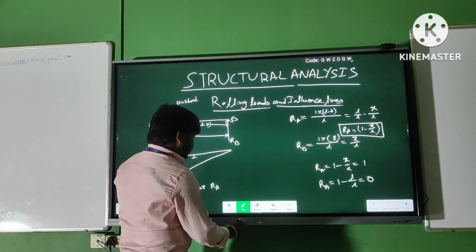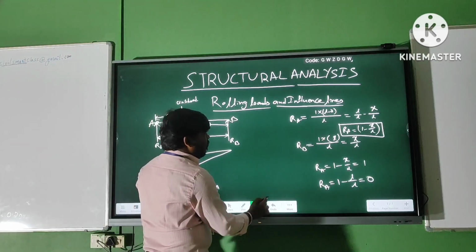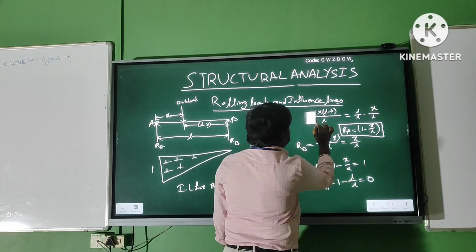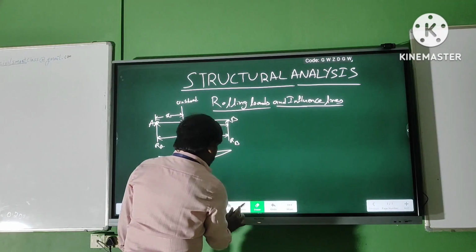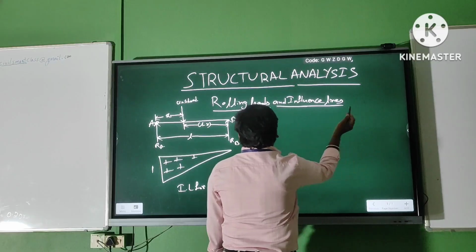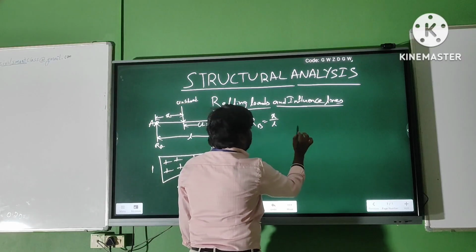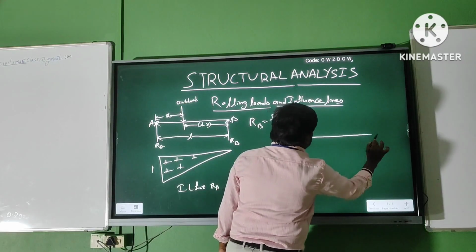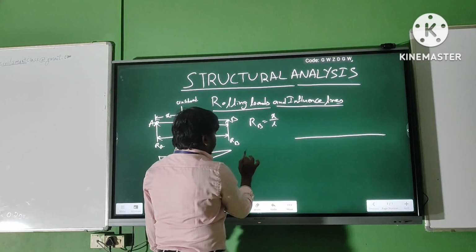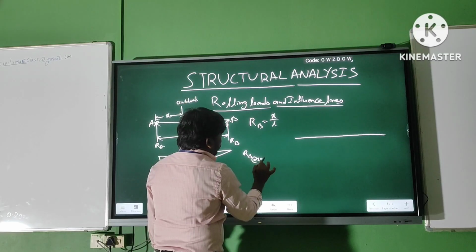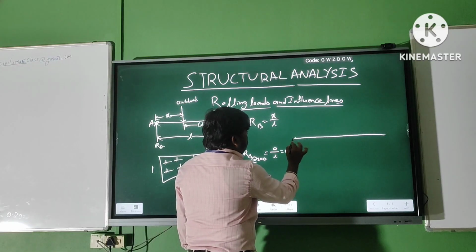Coming to the influence line for RB, we have the equation RB equals X by L. First substitute X equals 0: RB at X equals 0 is 0 by anything, 0.